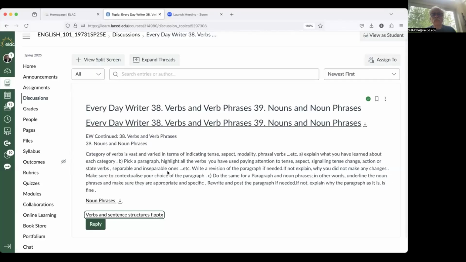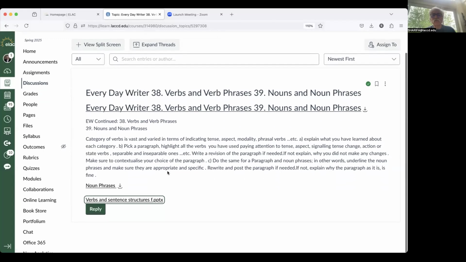So the reason that we are bringing this up is that in Everyday Writer, you have a discussion about verb phrases and noun phrases in the parts of speech, so to speak.